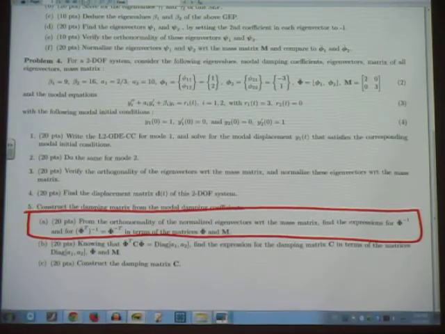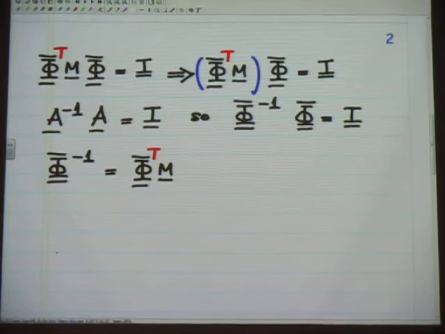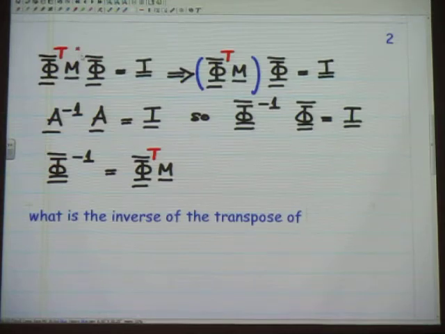So the next question is, what is the inverse of the transpose of phi bar?